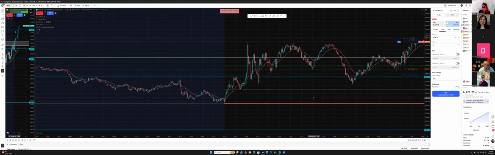I think what drew me to futures was that it was so much easier to place the orders. With options, I'm always there with my heart pounding when it goes through my stop, and I'm like, okay, I have to press the button and exit, but I have to wait for the candle closure.